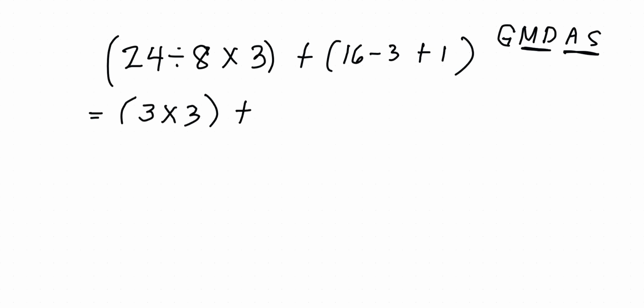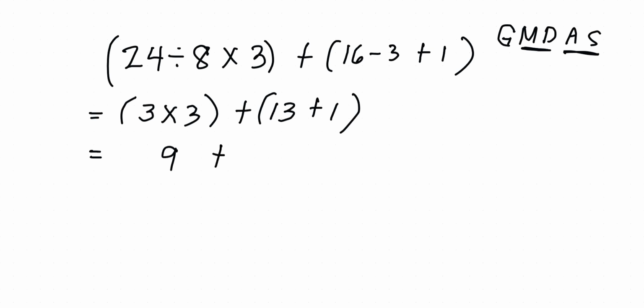So that is 16 minus 3. What is 16 minus 3? That is 13 plus 1. So they are still in the groupings. And 3 times 3. What is 3 times 3? That is 9. No need to put the parenthesis, and then copy the addition sign.